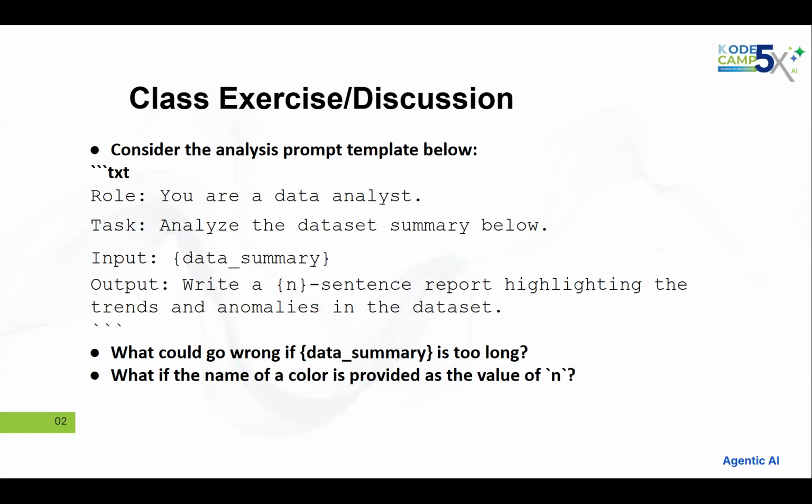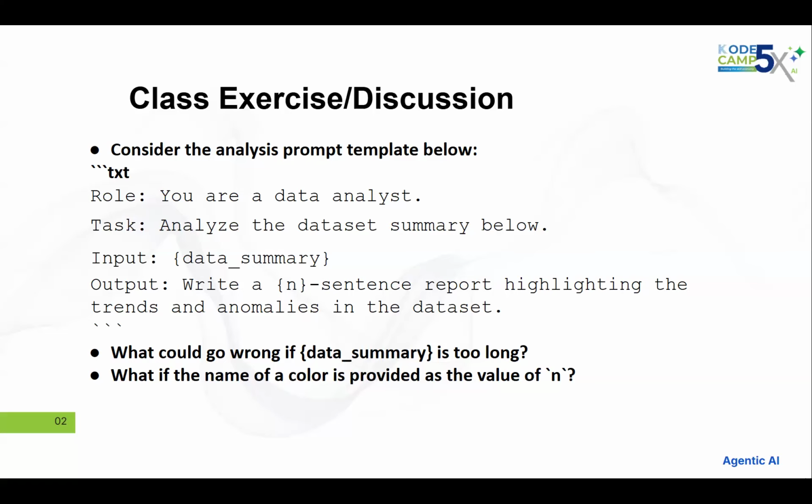I would actually like us to try this, right? Instead of data set summary, could we change it to text? Analyze the text below. You provide text instead of data set summary. Then you say write an n sentence summary highlighting whatever.